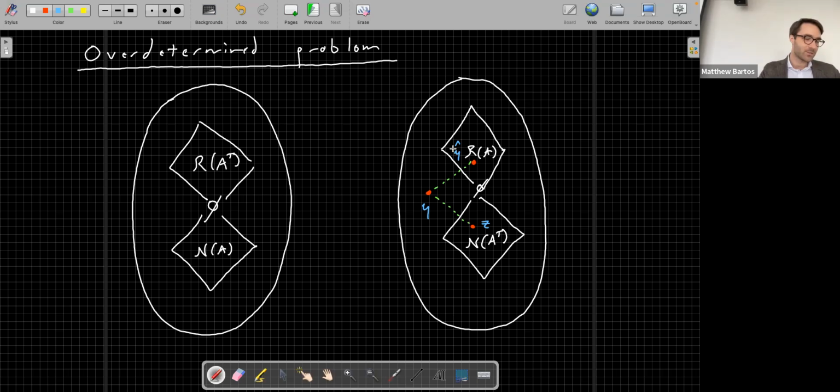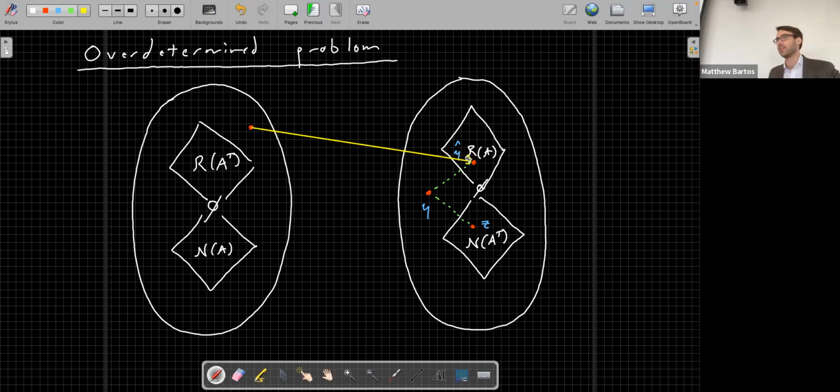Okay, so what we're doing when we're solving the problem for the left pseudo inverse is we're finding a point X somewhere in our domain that maps to Y hat.